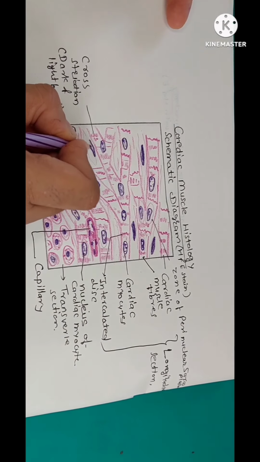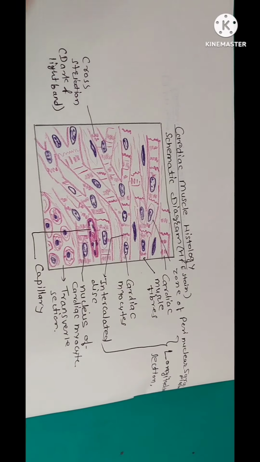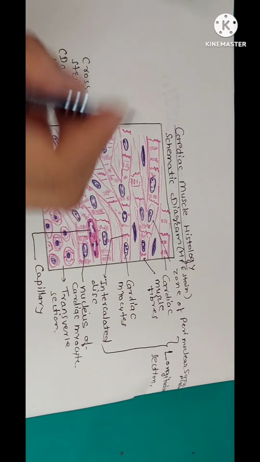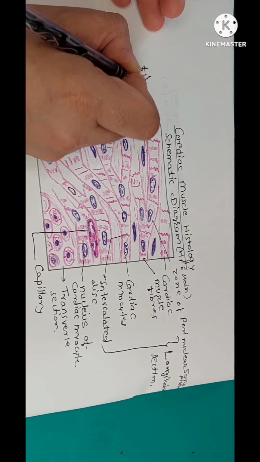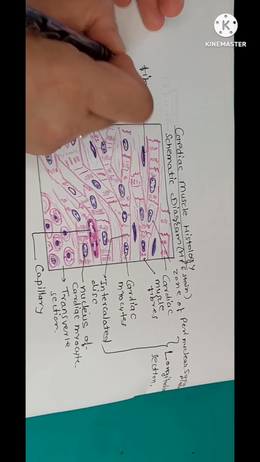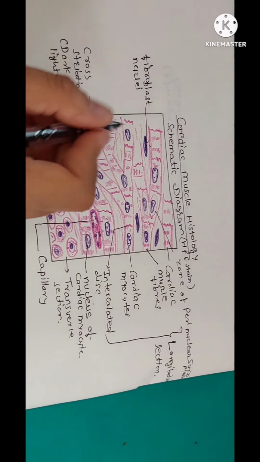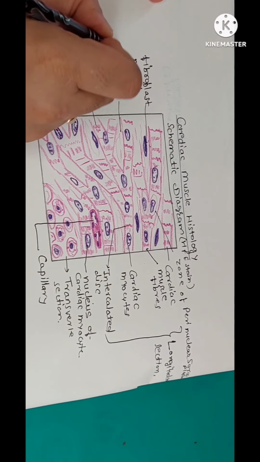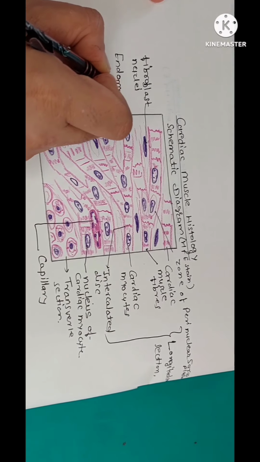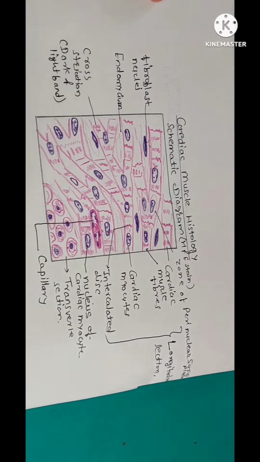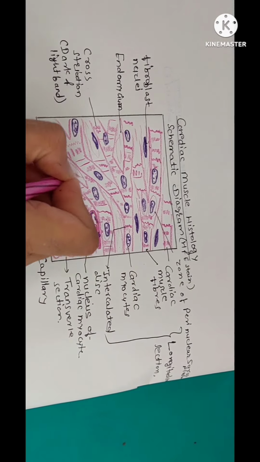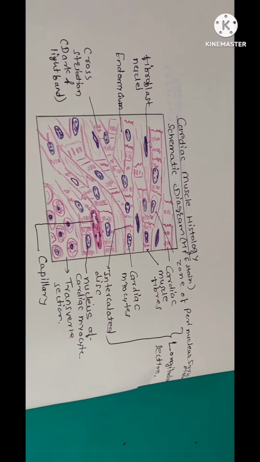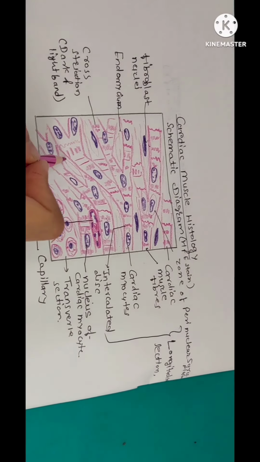These fibroblast nuclei are present beyond the sarcolemma. This is the endomysium, the connective tissue which covers these cardiac muscle fibers. This endomysium also contains nerves, that is sympathetic and parasympathetic nerves.